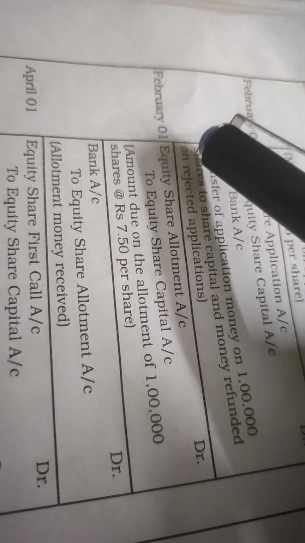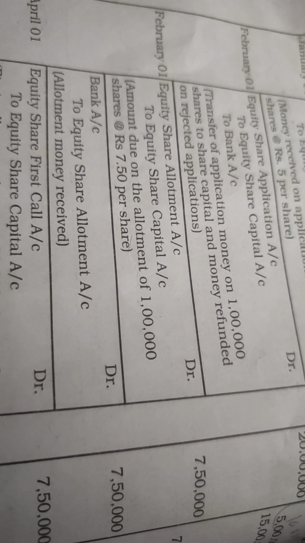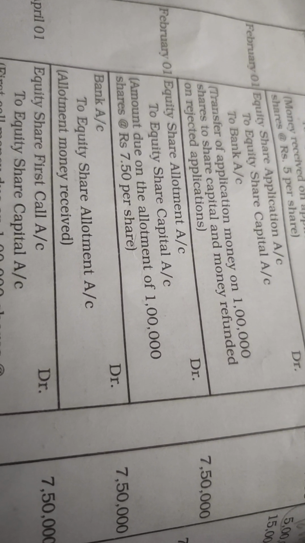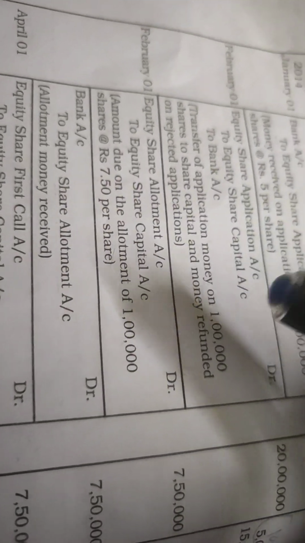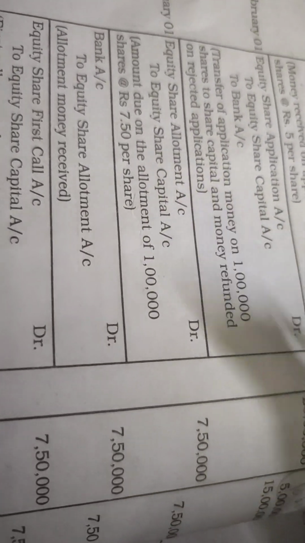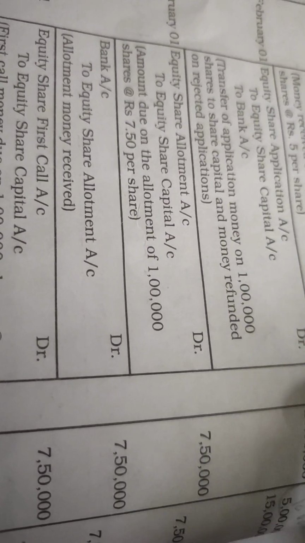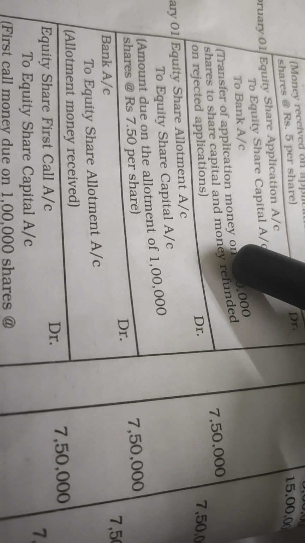Then on the same date, the allotment amount is transferred to the share capital. That is, equity share allotment account debited to equity share capital account. The allotment is made on the number of shares, 1 lakh.